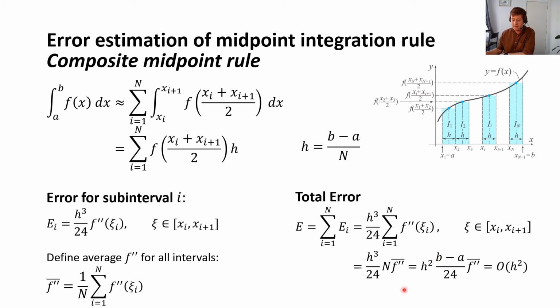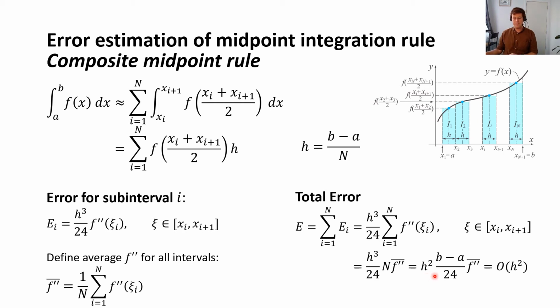And what we then see is that the error we find over here is proportional to the total width of the integral that you want to compute. But there's not much you can do about that anyway. That's what your problem is telling you. But something we can control is this h over here. This h depends on how many subintervals we use.